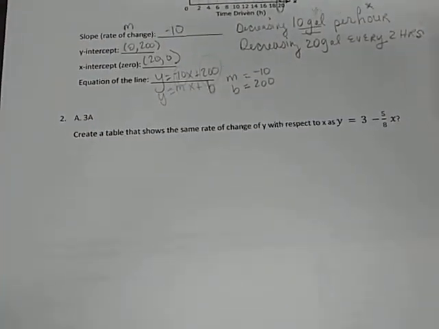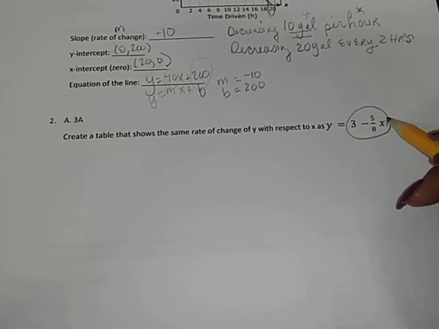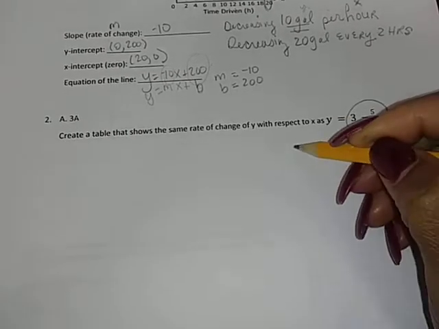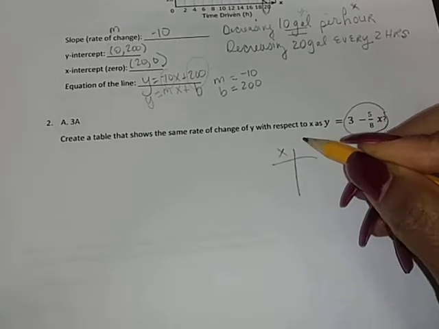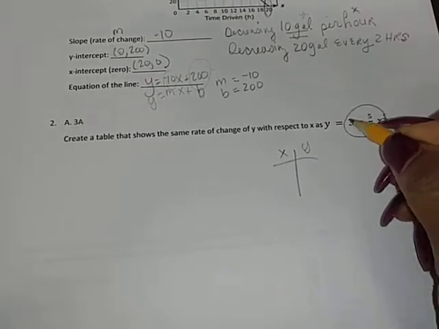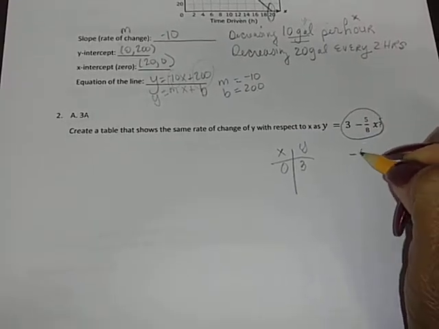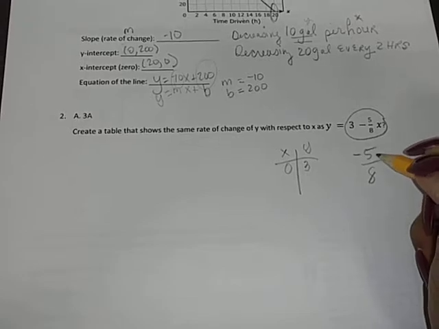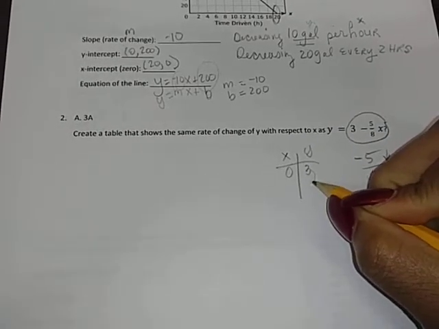Okay, number 2, create a table of values. Oh, that's simple. Guys, just put that in the calculator. Because if you do it by hand and say, well, here's my y-intercept, 0, 3, and then negative 5 is my slope, so go down 5 and up 8, so down 5.